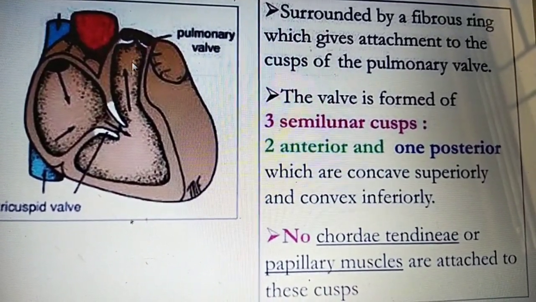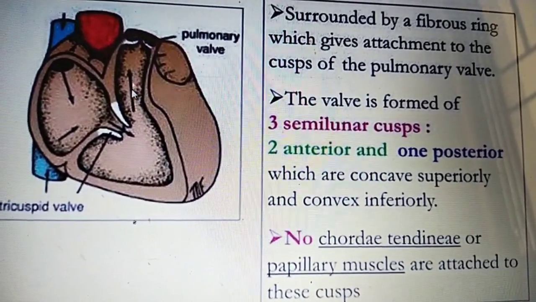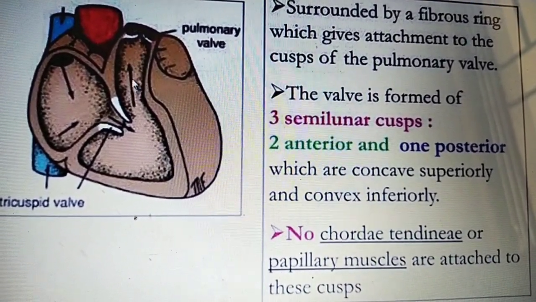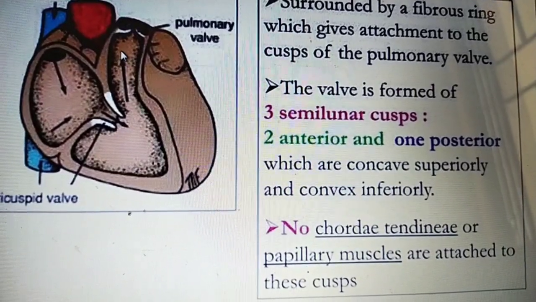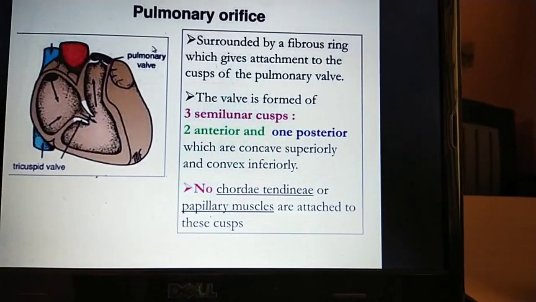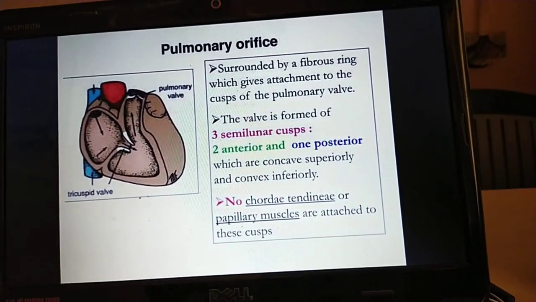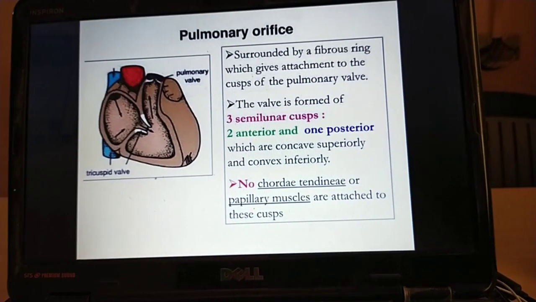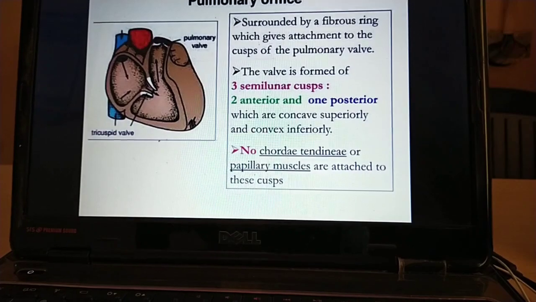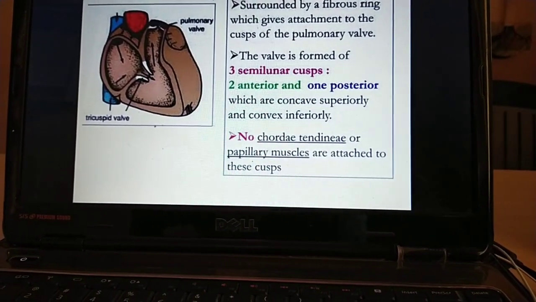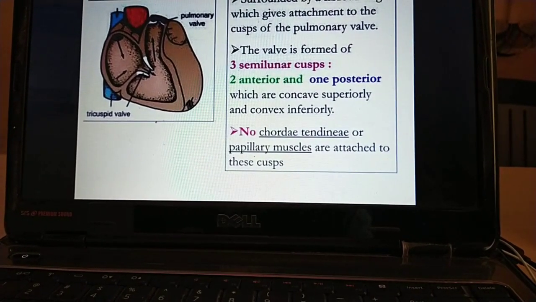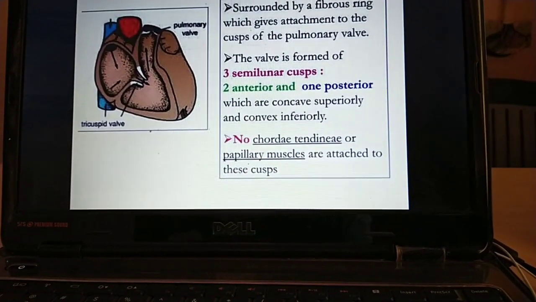The infundibulum is smooth because it doesn't have any papillary muscles, chordae tendineae, or trabeculae carneae. The pulmonary orifice is surrounded by a fibrous ring which gives attachment to the cusps of the pulmonary valve. The valve is formed by three semilunar cusps, two anterior and one posterior, which are concave superiorly and convex inferiorly. No chordae tendineae or papillary muscles are attached to these cusps.